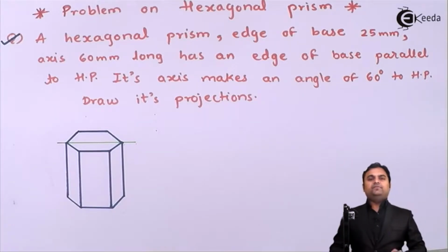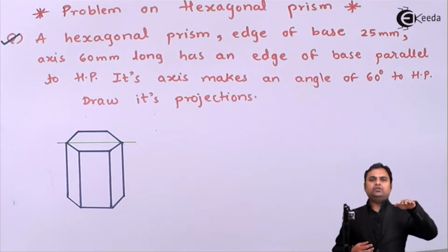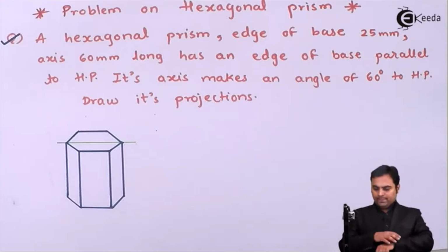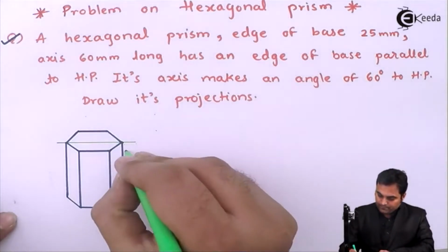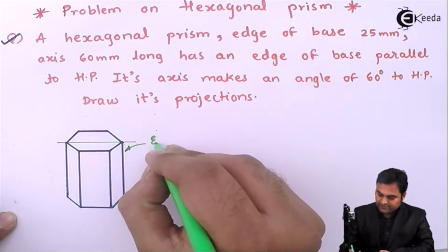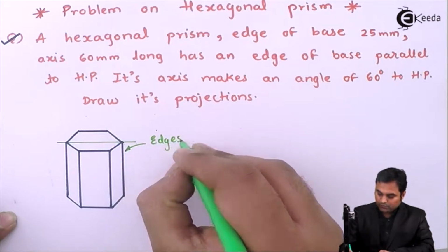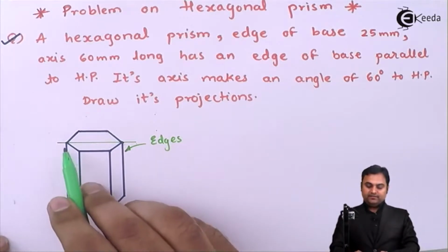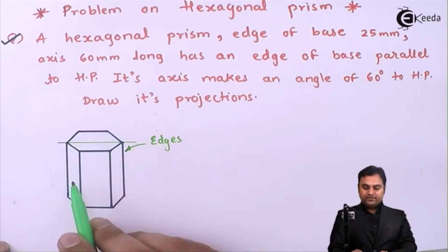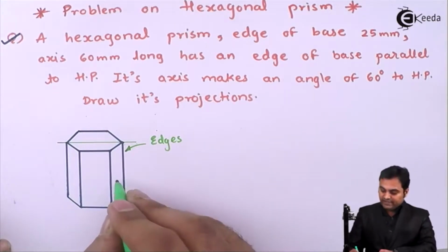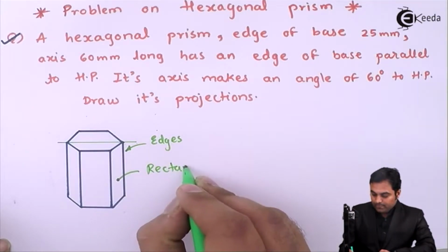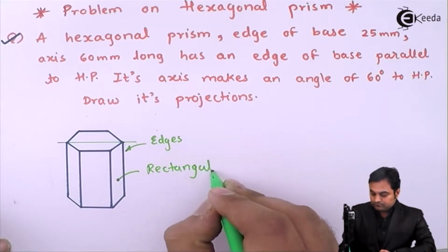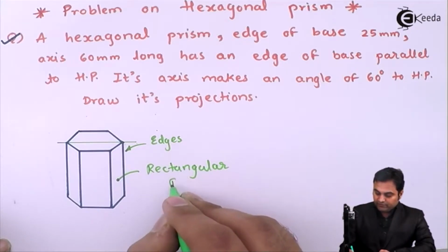This hexagonal prism will have a hexagon at the top and at the bottom connected with edges. These are the edges of the hexagon, and since it has 6 edges, there will be 6 rectangular faces. These are the rectangular faces.